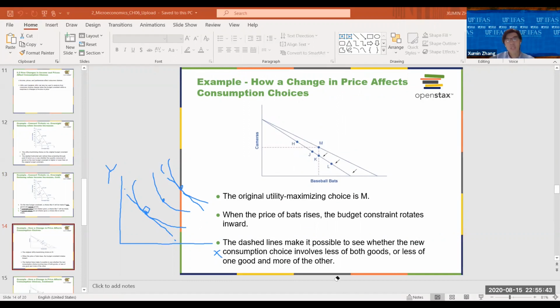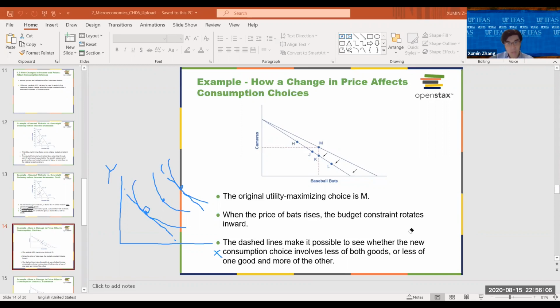We are talking about another thing, which is the price change. In this case, it uses a different thing: the camera stays the same price, but the baseball bat price increases. So if the price of the bat rises, the budget constraint rotates inward.